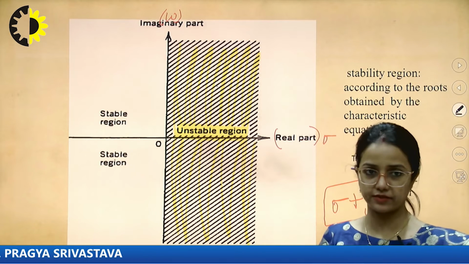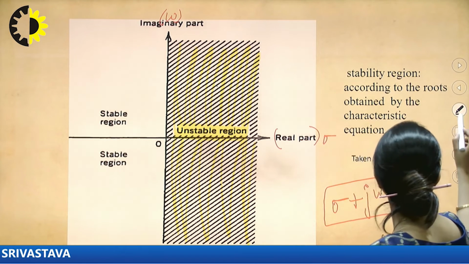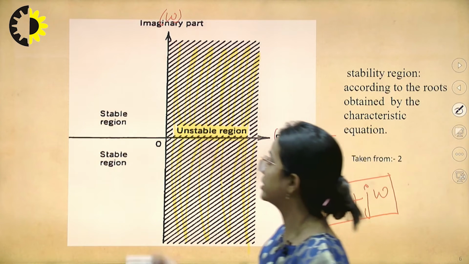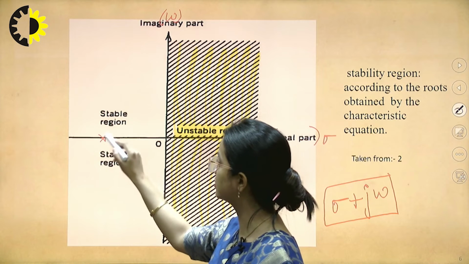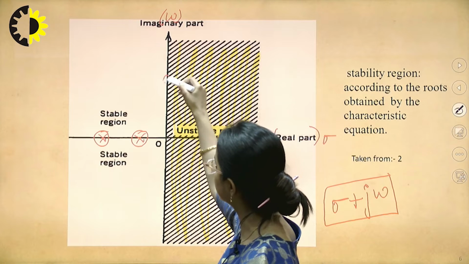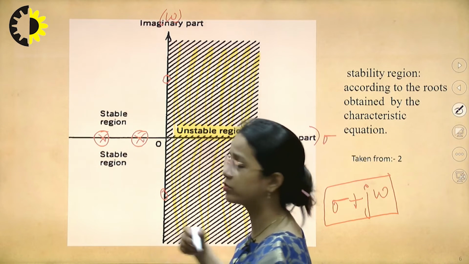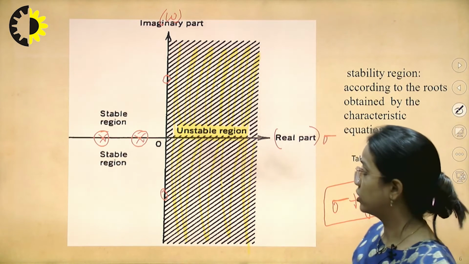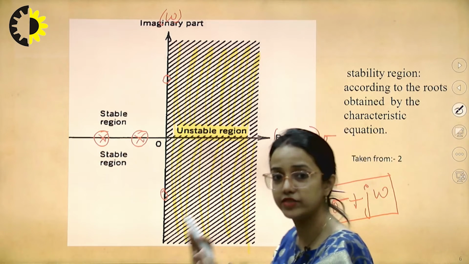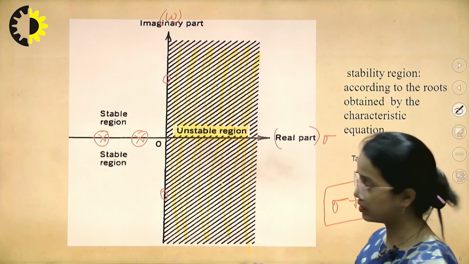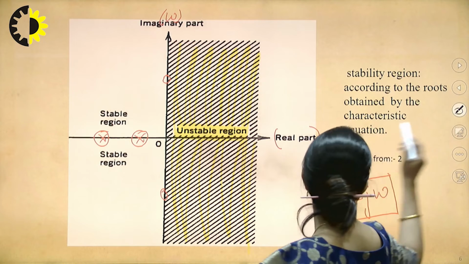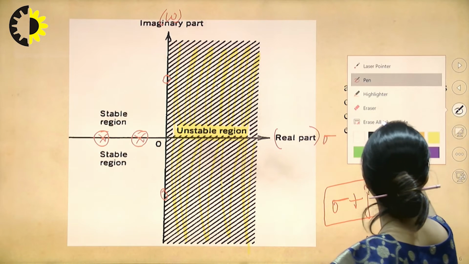That is a fact. Now, let's say a pole is lying here, a pole is again lying here, a zero is lying here. We talk about poles only. So whenever we are on the left hand side or just on the margin, what is the margin? How can we define the margin here?